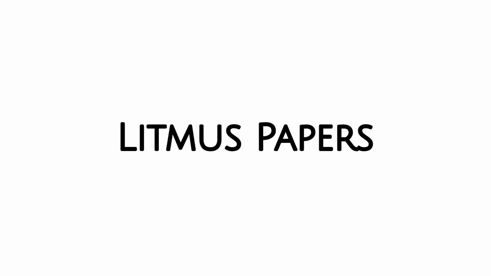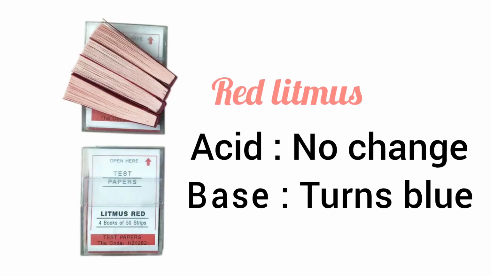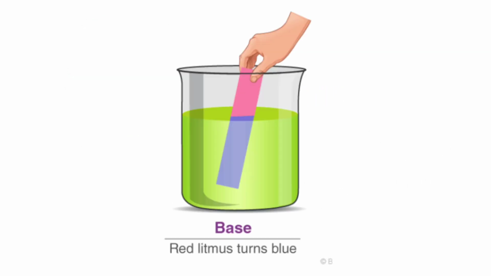Litmus papers. Litmus papers are of two colors, blue and red. They indicate if the substance is an acid or a base by changing colors. If a red litmus paper is dipped into an acid, the color does not change.